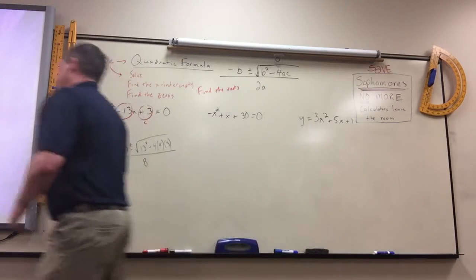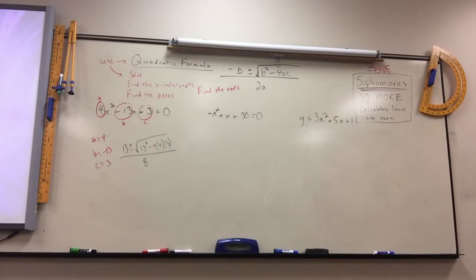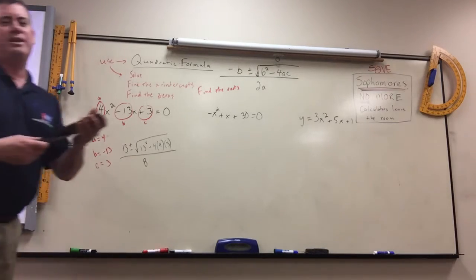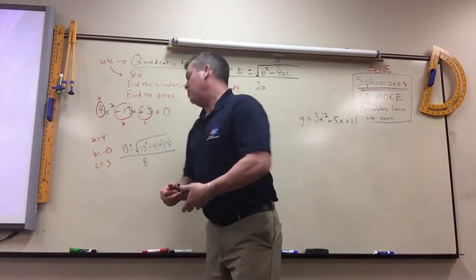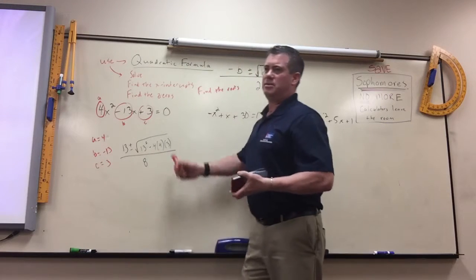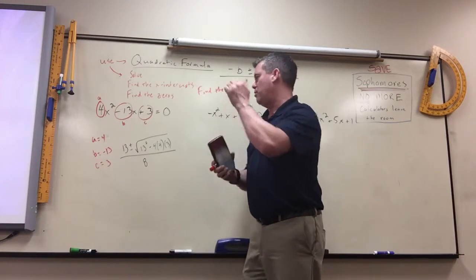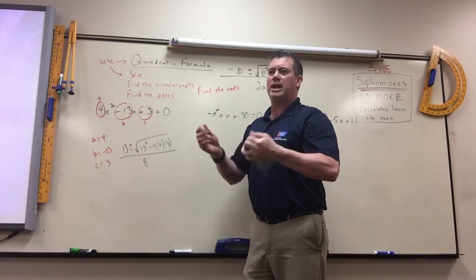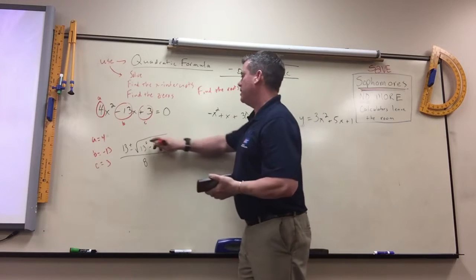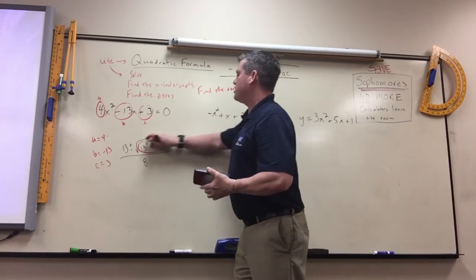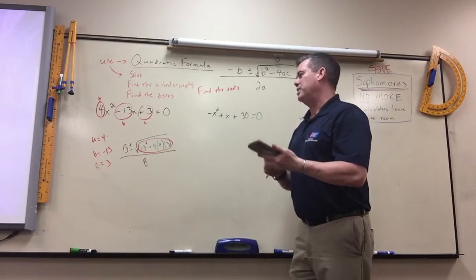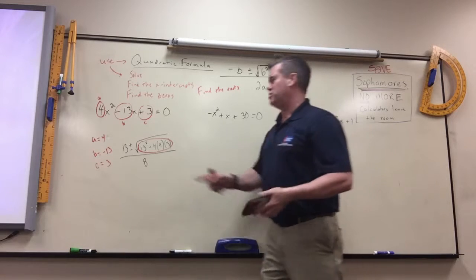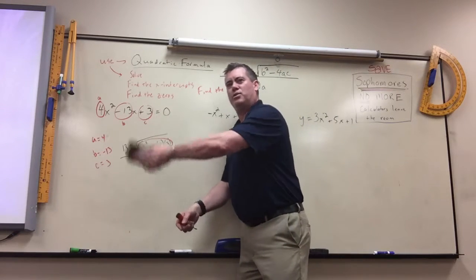When you solve this, eventually, next section actually, they have you evaluate the discriminant and not actually solve it. You just say whether there's one solution, two solutions, or no solution. We're not doing that yet. That'll be the next section. What you do now is just figure out what this is inside here. It's easier on the calculator if you do this part first instead of trying to do it all at once.